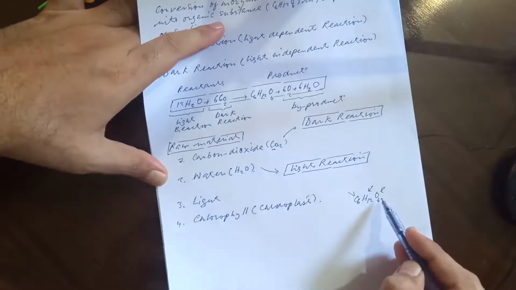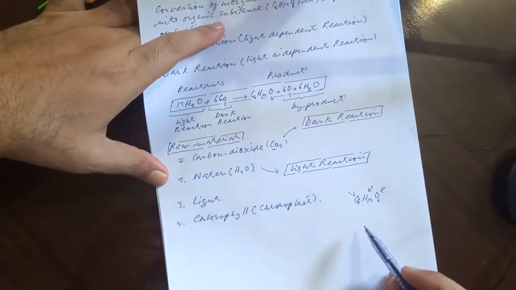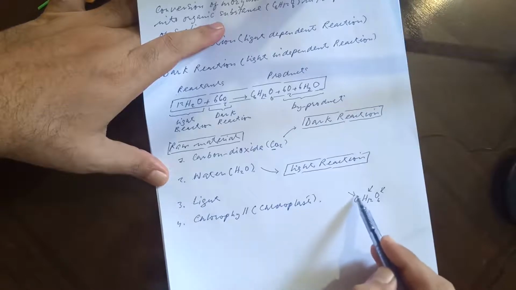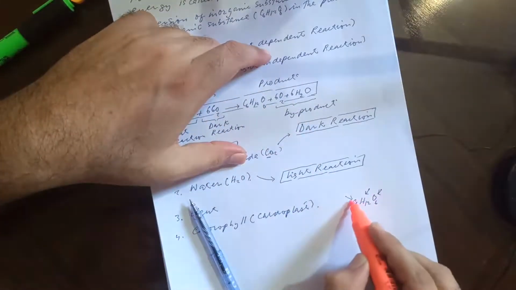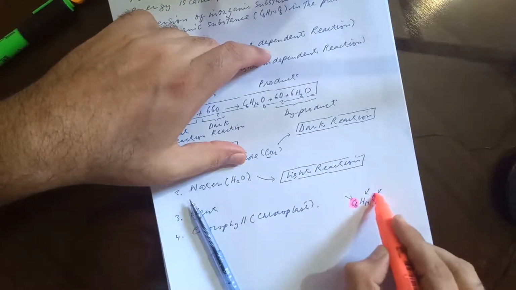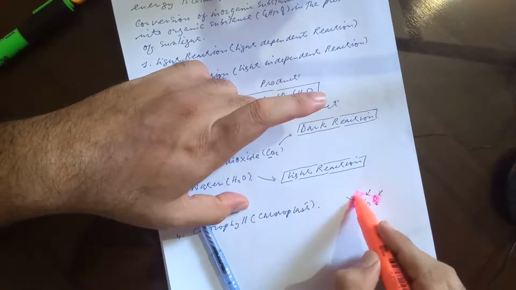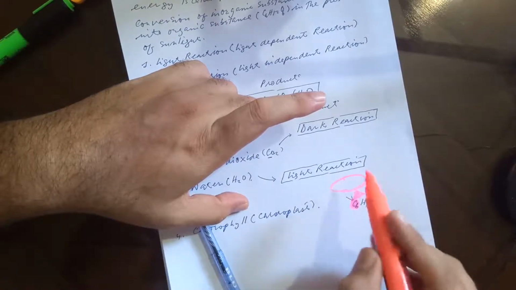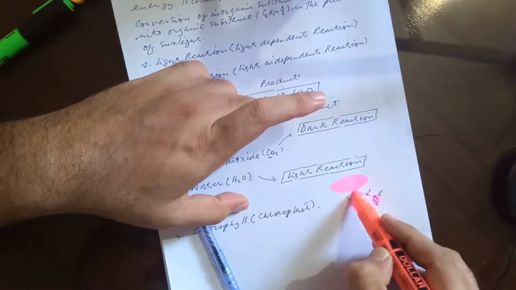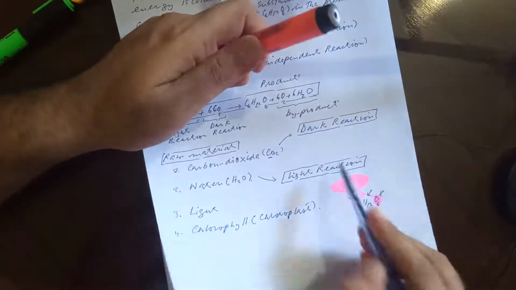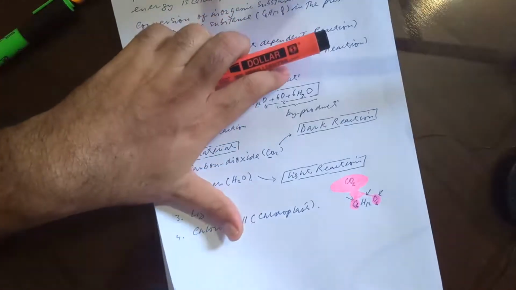So out of these three, carbon and oxygen are contributed by carbon dioxide, CO2.